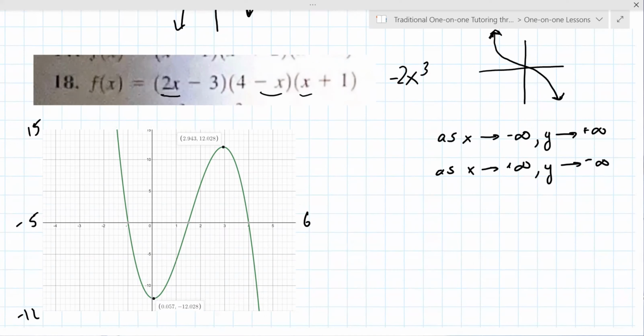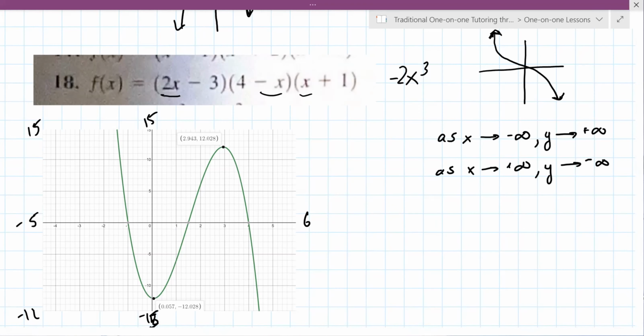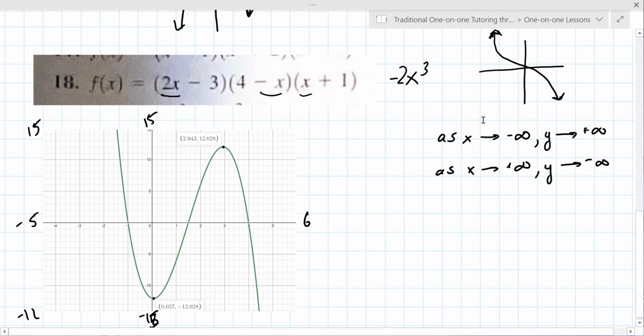I'll give you the window. We'll put that 15 here, -12 down there, well, actually probably -15. And it's got the same shape as your top right, so it's consistent with that.